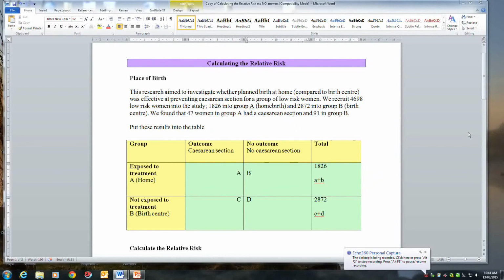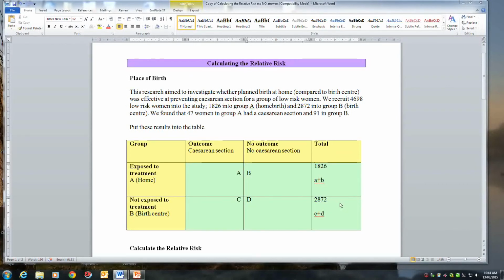In total this study recruited 4698 low risk women, and we have 1826 women in the home birth group, the experimental group, Group A, and we had 2872 in Group B. They're the birth centre group, or the control group.